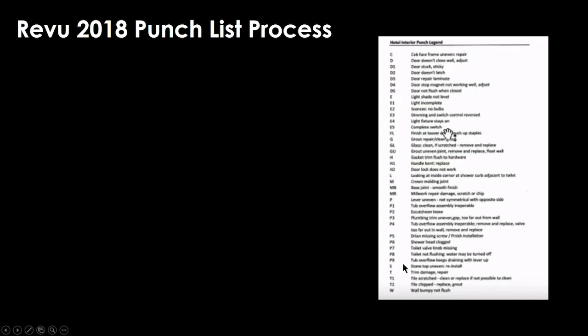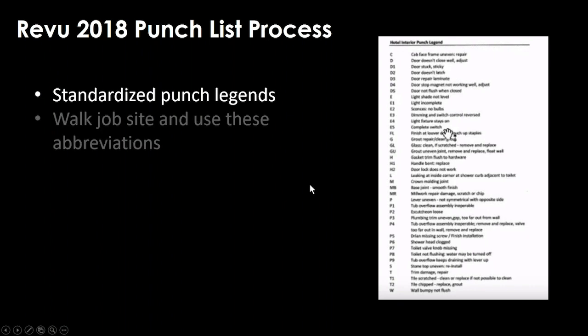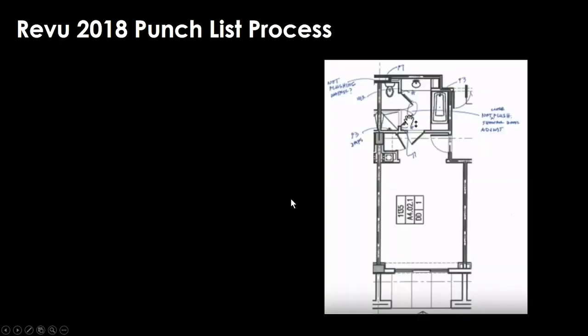Many offices have a list of standardized abbreviations, and so you would be writing these down on your pieces of paper. You can use these same abbreviations as tools in tool sets. So we have standardized punch list legends. Again, you would use these as you walk the job site.